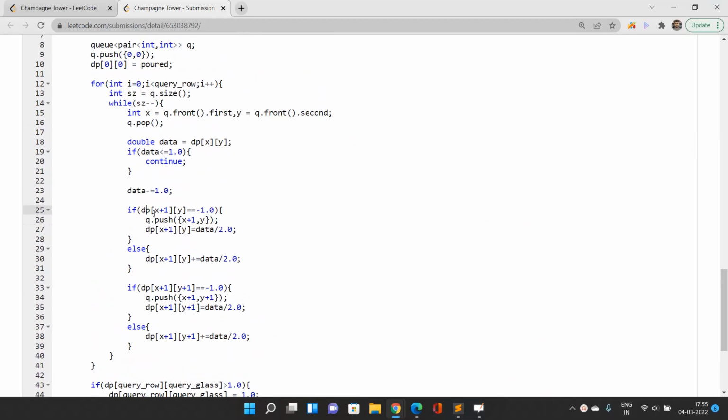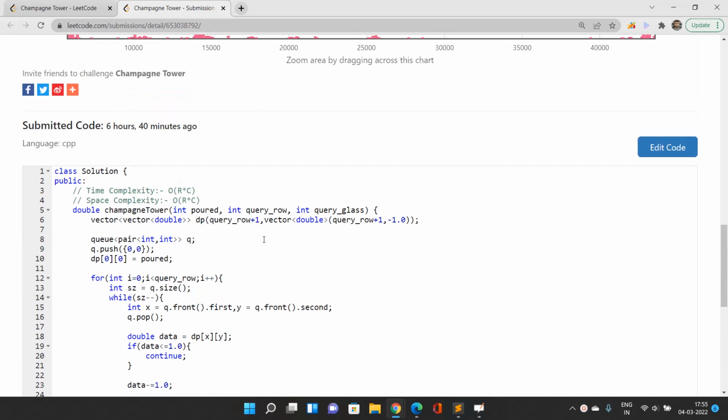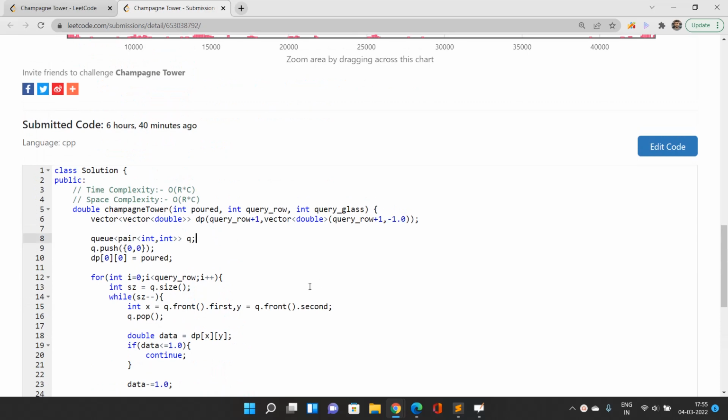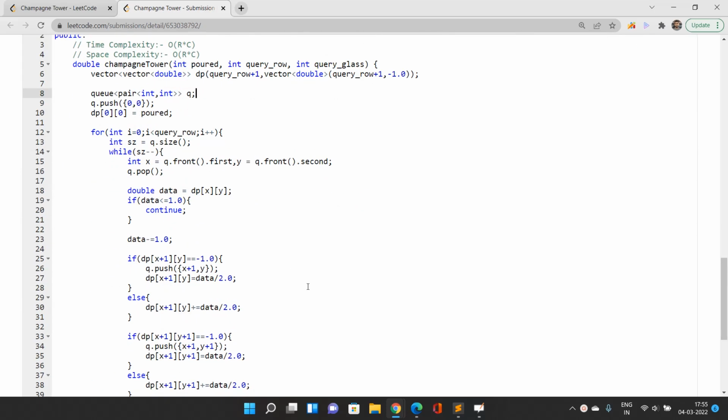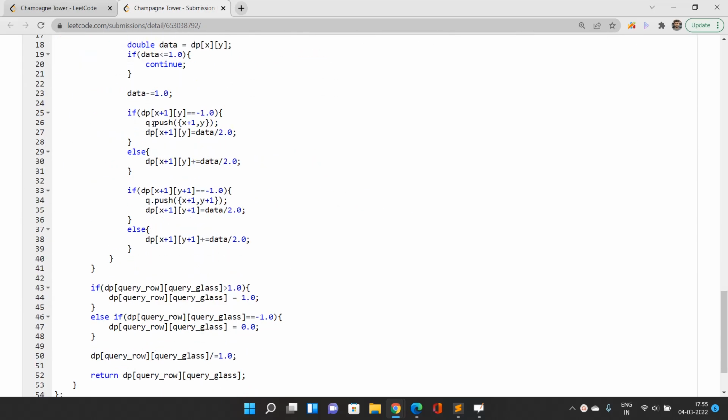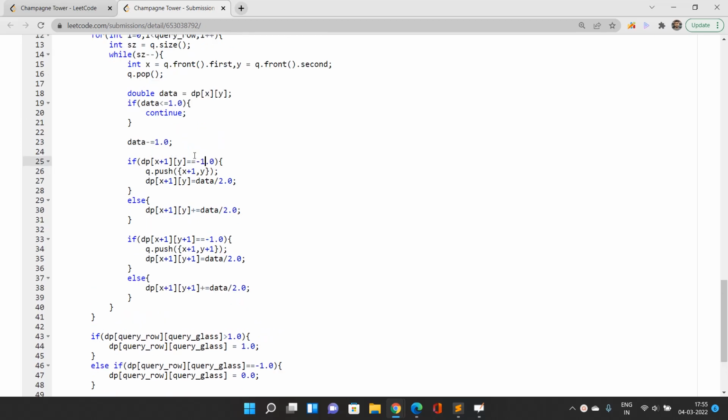So I will check dp of x plus 1 y exactly equal to minus 1.0. Okay, so minus 1.0 denotes that the glass is empty, right? So if dp of x plus 1 y is minus 1.0, it says that it is empty.